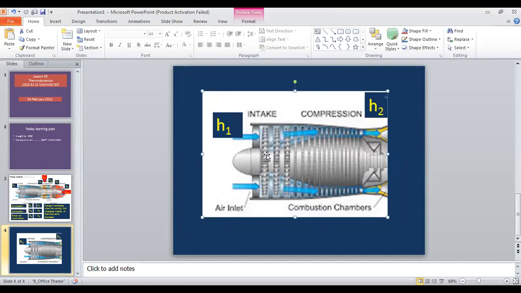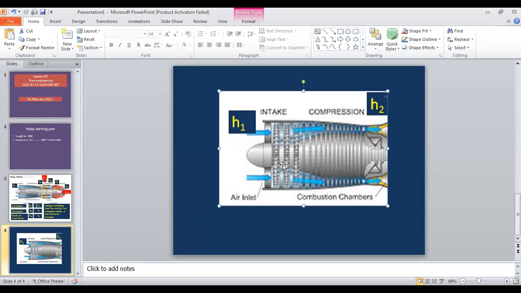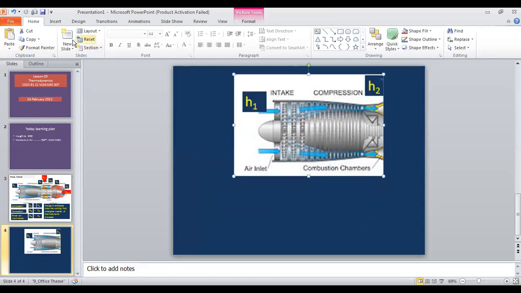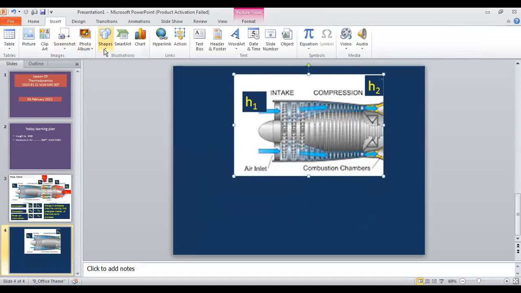In the compression, there is a set of radially constructed blades here. Turning makes the air come in and then squeezes the air before going into the combustion chamber. So you can see intake as 1 and the end of the compression as 2. If you model this, it is something like squeezing, reducing the volume, and we have learned that in previous lessons.